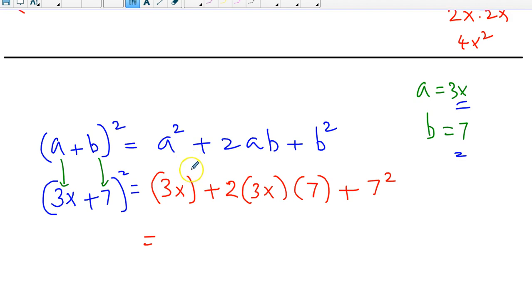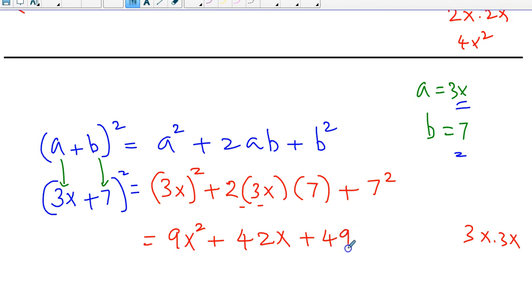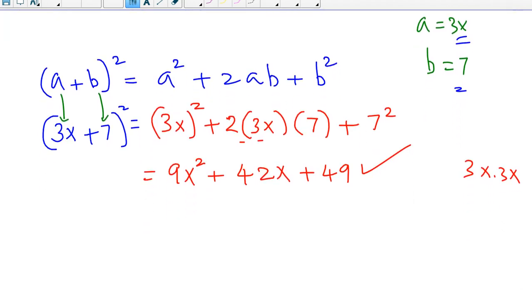Here I missed the square. A square, so 3x square. Now what is 3x square? 3x times 3x, that is 9x square, plus 2 times 3 is 6, 6 times 7 is 42, so 42x, and plus 7 square, 7 times 7, 49. Okay, directly you will get the answer for 3x plus 7 whole square.